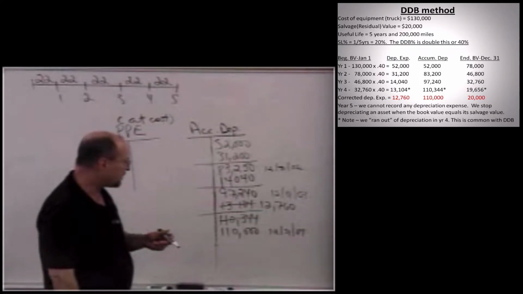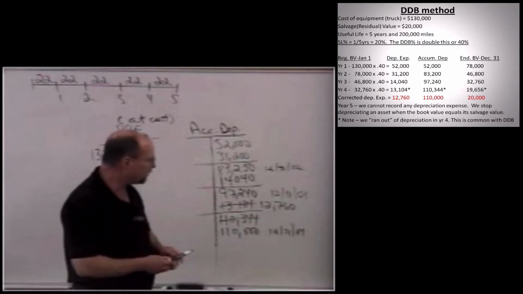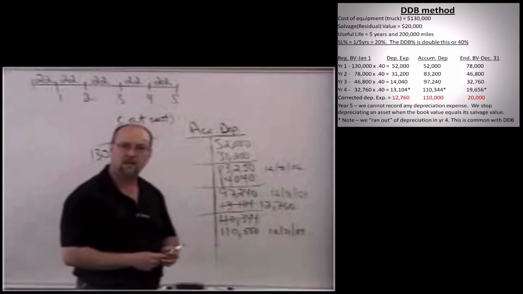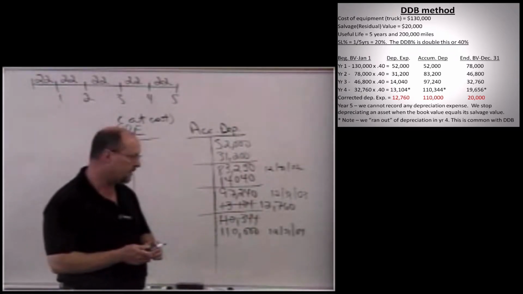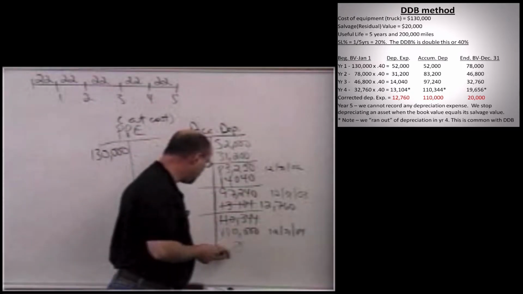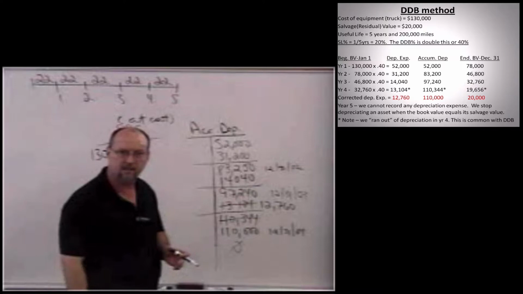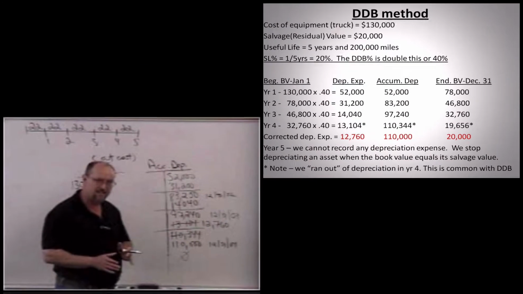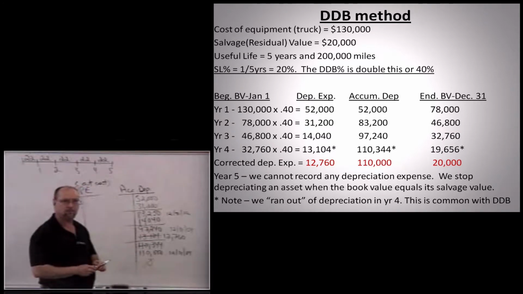Okay? Notice, in year five, we cannot record any depreciation expense. Even though we're driving the truck, it is fully depreciated. We ran out of depreciation, and in year five, we don't record zero, we simply don't record depreciation. Again, we may own this truck for another year or two, but we cannot record any more depreciation expense.